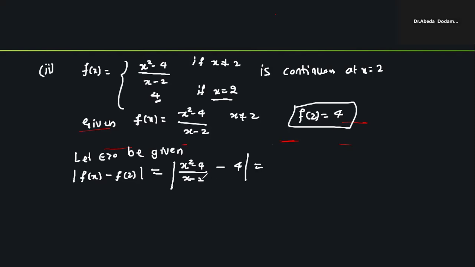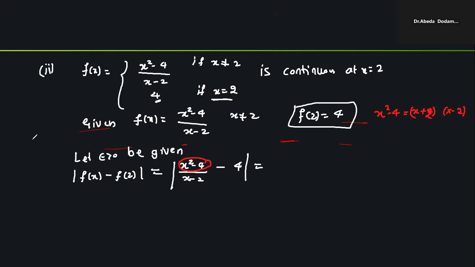Now, before taking the LCM, if you see, this quantity is in the form of a square minus b square. x square minus 4 can be written as x plus 2 and x minus 2, since a square minus b square is a plus b into a minus b.